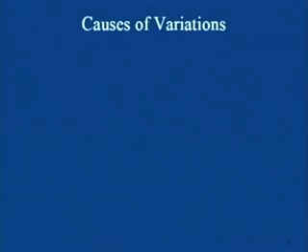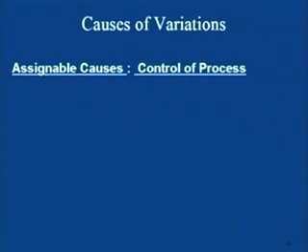The second type of causes is the assignable causes, and if we remove these, we can control the process. If we remove the common causes, improvement in the system occurs, and if we remove the assignable or special causes, control of the process occurs, or we can say we have a stable process. This happens because of variation due to an identifiable factor.